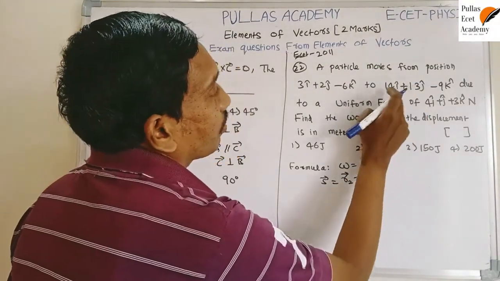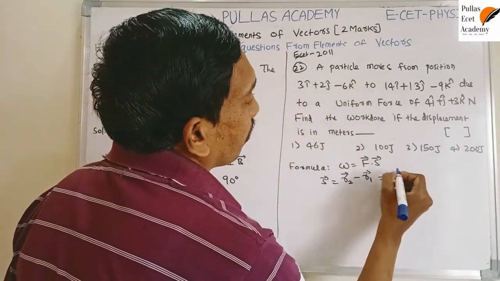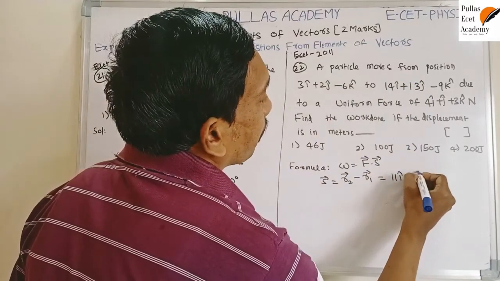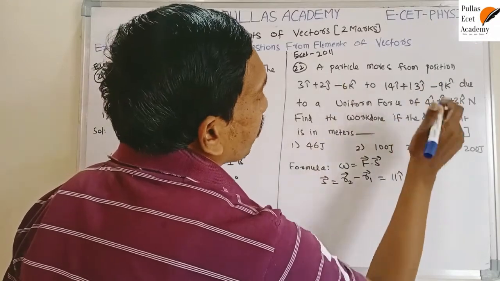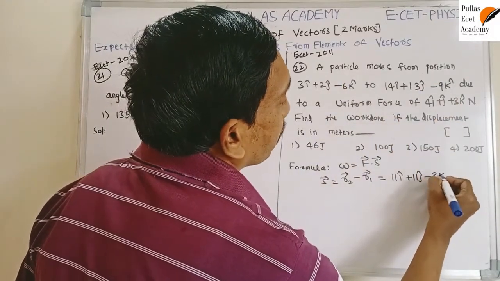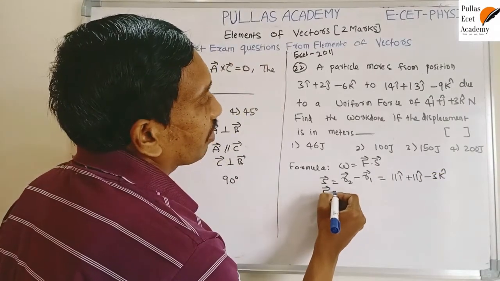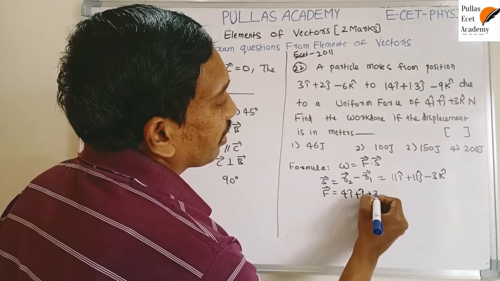This is R2, this is R1. 14 minus 3 is what? 11 i cap. Okay? Next 13 minus 2 is 11 j cap. Next minus 9 minus 6, minus and minus plus means what? Minus 3k cap. This is called displacement. The force vector is what? Here already given: 4 i cap plus j cap plus 3k cap.